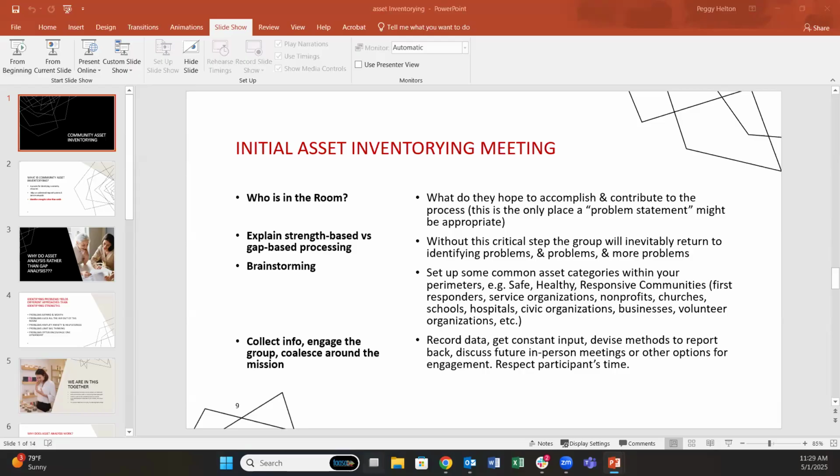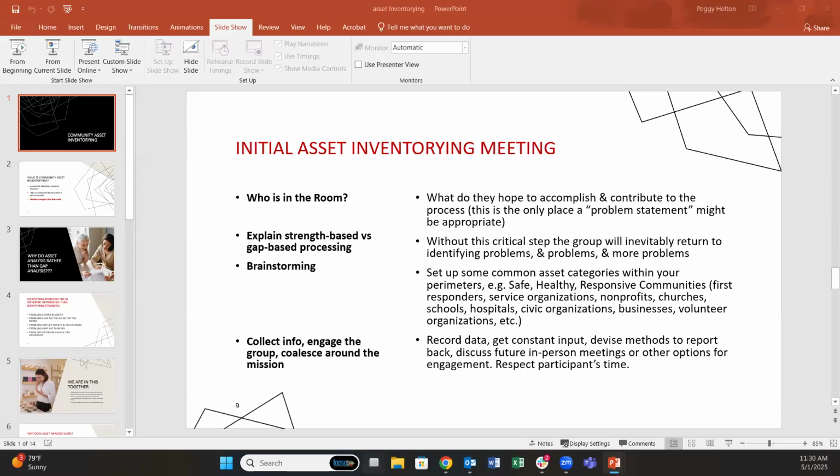So this isn't a time just to say, well, my agency provides a food bank or those kinds of things. They'll talk about what they accomplish or what they can do at some point, but what do they hope to contribute to this process? What are some of their strengths and things that they think they can do to make this kind of community-wide process run better?